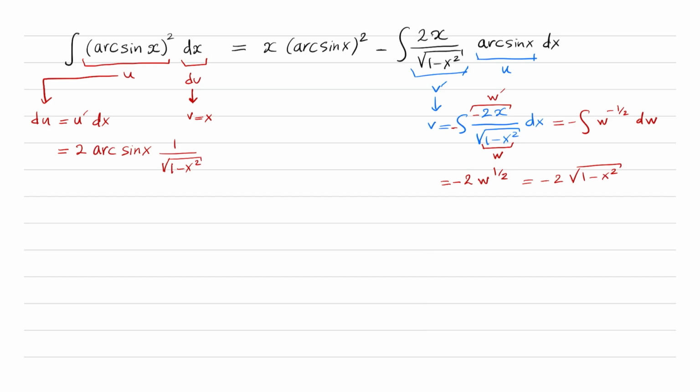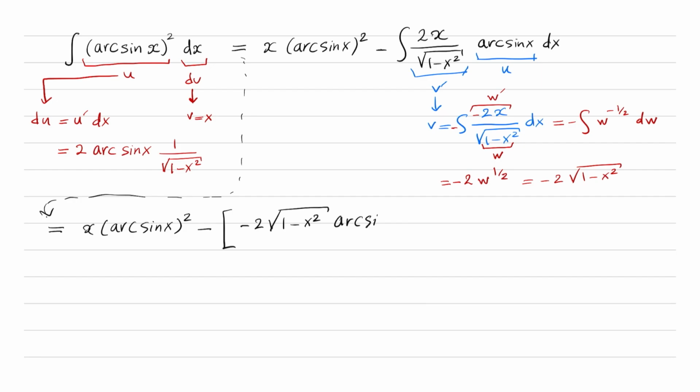Now let's use this and compute the second integral. So let's continue here, we get x arcsin of x squared minus, well, the integral of u dv is uv, so uv is minus 2 square root of 1 minus x squared times arcsin of x, minus the integral of v du.